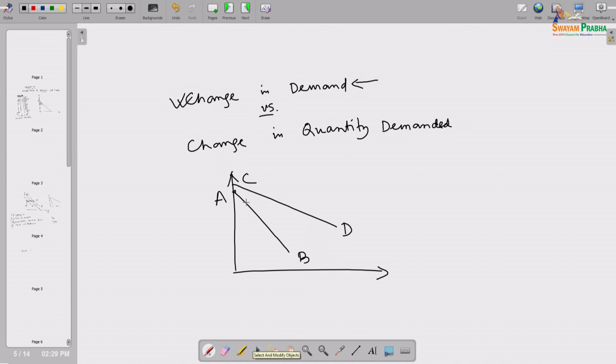And suppose you were at point E of the AB demand curve, and the price of that commodity falls, so you move from E to F along the AB demand curve. This phenomenon is referred to as change in quantity demanded. So, let me repeat: change in quantity demanded is basically your movement along a given demand curve, and change in demand is basically the shifting of the entire demand curve.